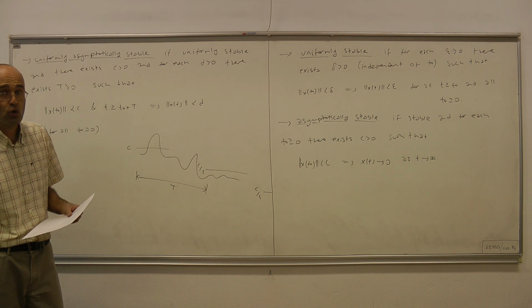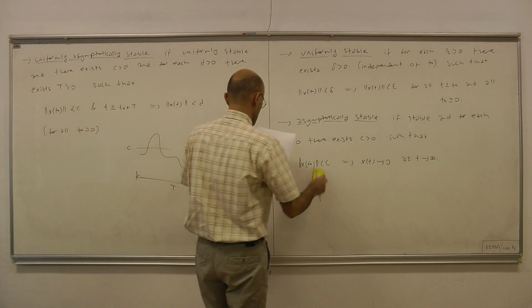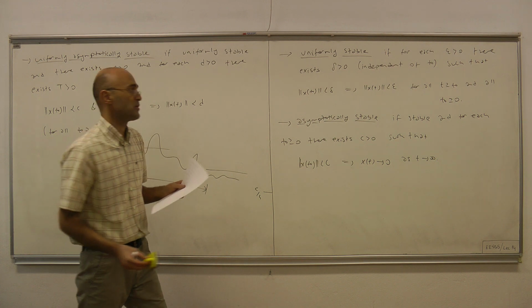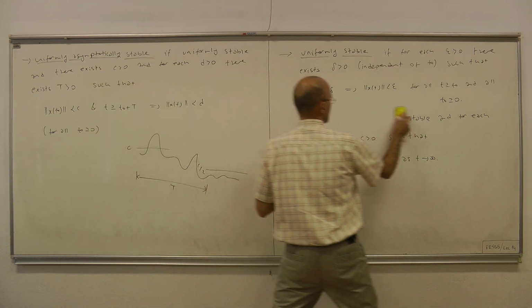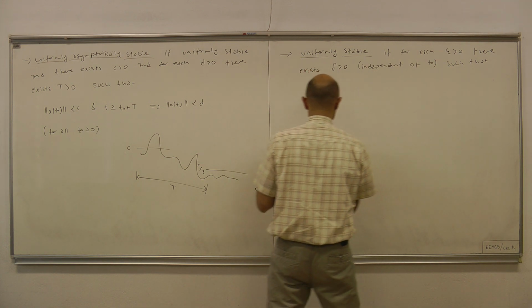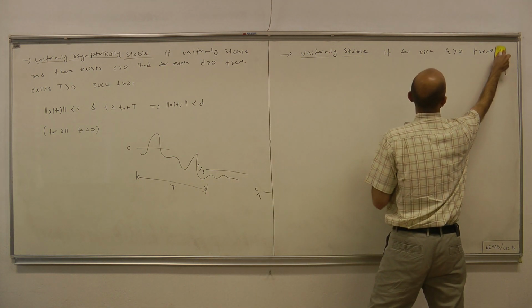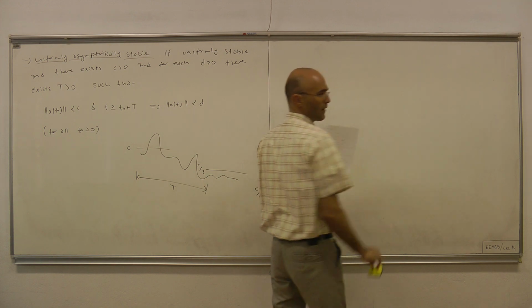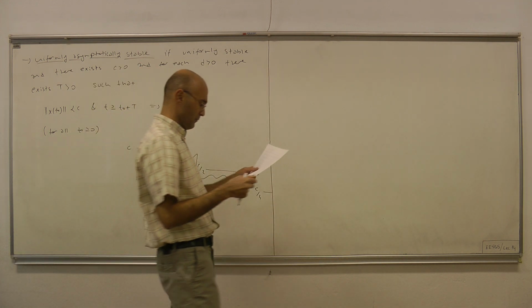And finally, the strongest definition of all is global uniform asymptotic stability. It's the following.